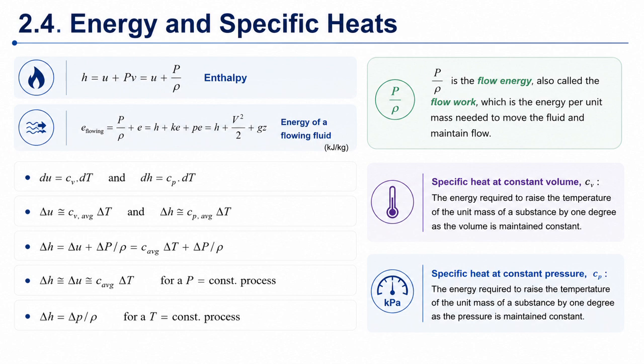And in terms of specific heats, we can relate internal energy and enthalpy using the expressions dU is equal to Cv dT and dH is equal to Cp dT. It can be written in differential forms as well, and that is given in the subsequent equations.